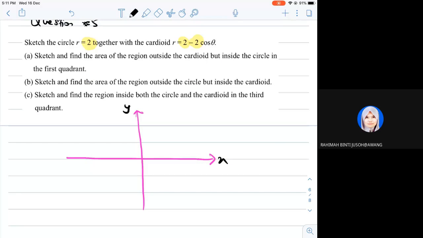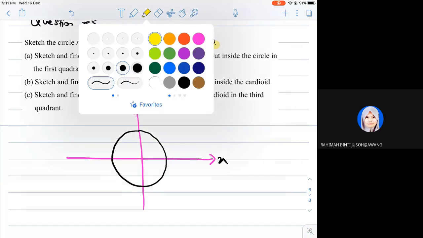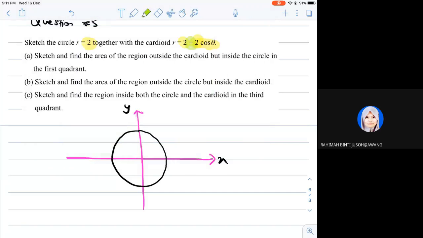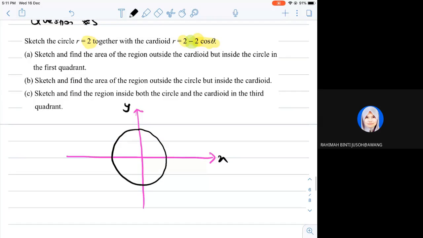So, okay, let's say I start with the circle. Okay, guys, 2 minus 2 cos theta, which exists? X or Y? On the X side, right or left? Should be on the left because we have negative. Okay, so your graph would be here, the cardioid.